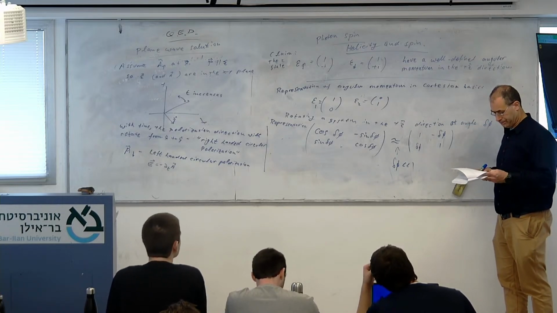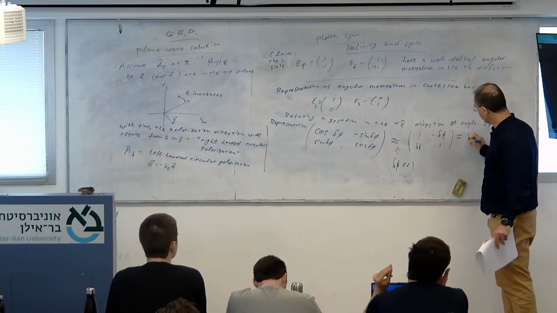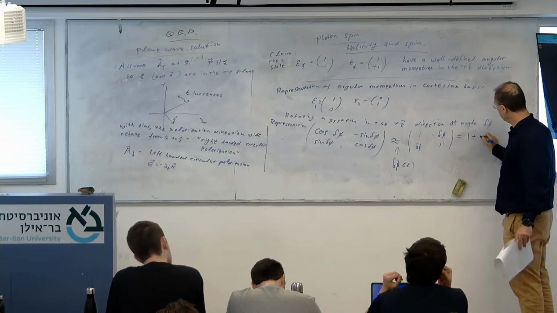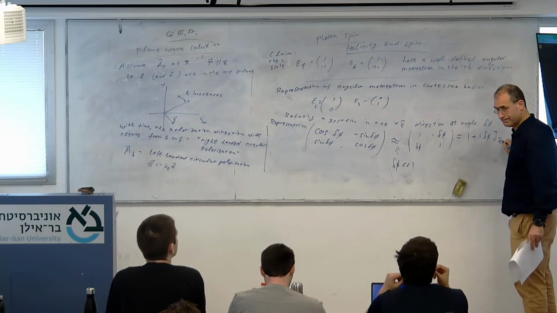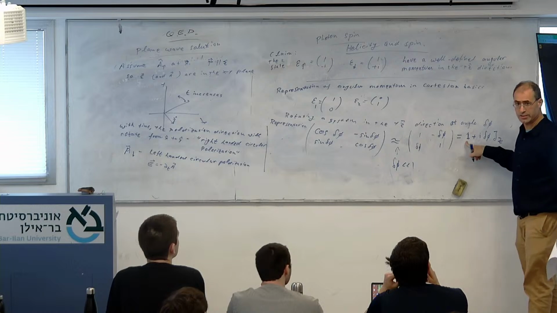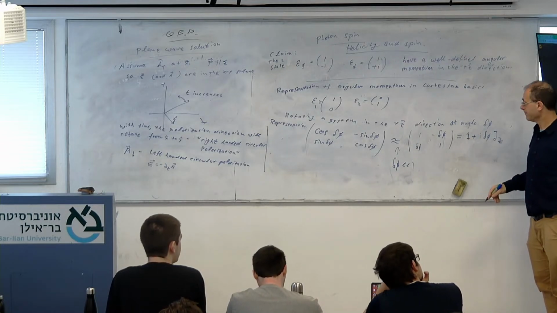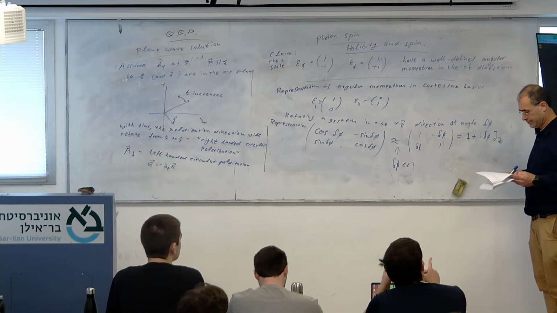So I can write that as 1 plus i delta phi jz. The 1 is the identity matrix, times the Pauli matrix.